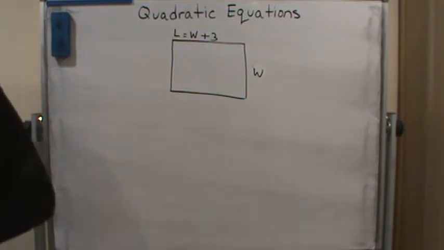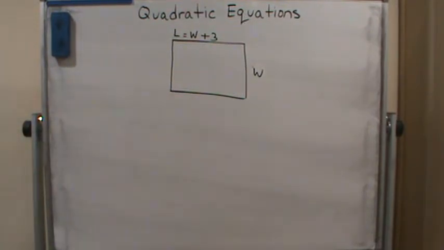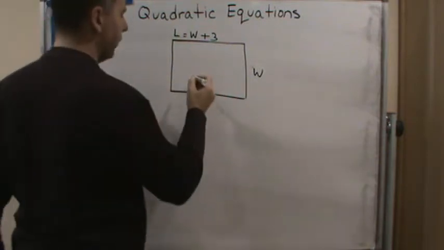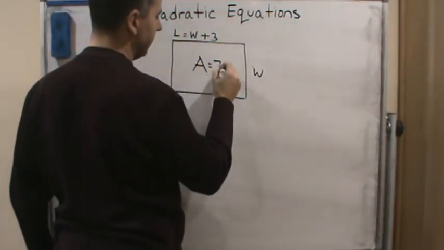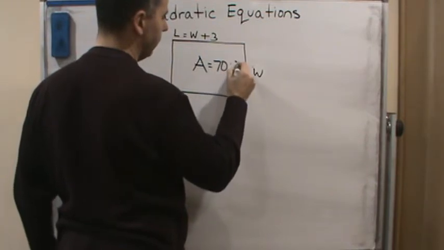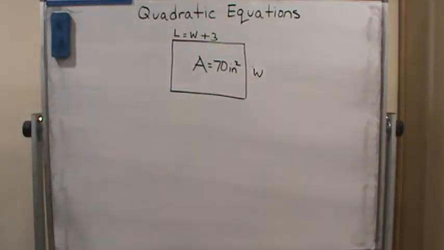Now, it says the total cross-sectional area is 70 square inches. So we know that the area here is equal to 70 square inches. Is that what they said, 70? Yep. Now it says we wish to find the dimensions of the cross section.